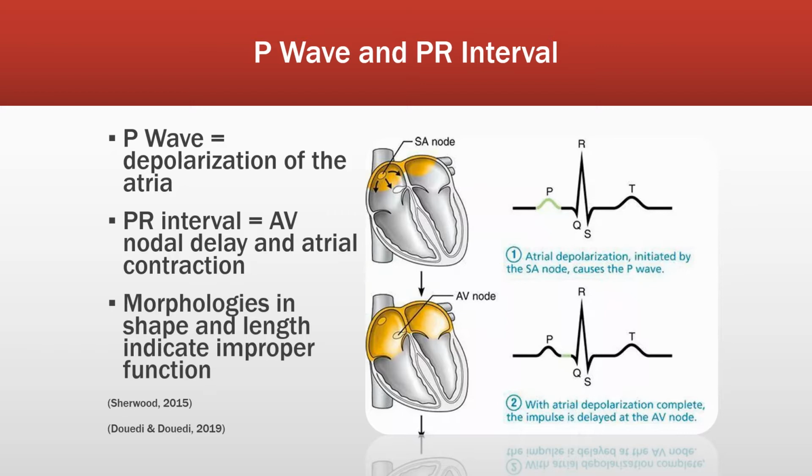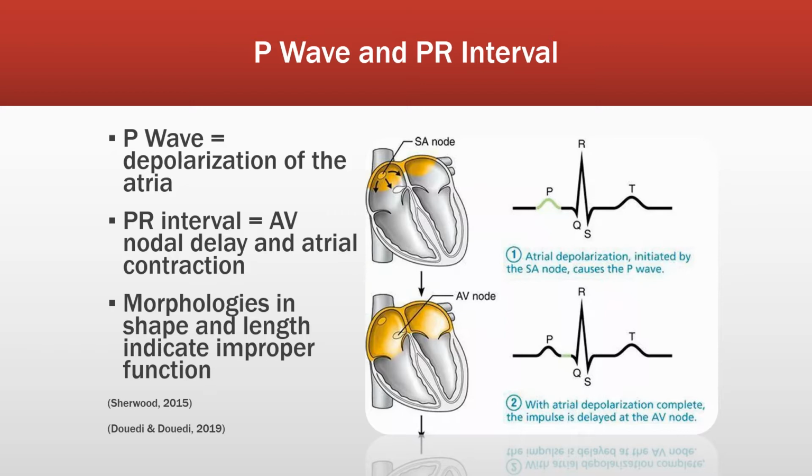The right atrium is stimulated first, making up the initial rise in the P wave, with the stimulation of the left atrium making up the second half of the wave. The summation of both is what gives the P wave its uniform shape. Abnormalities in the atria would result in morphologies of this normal P wave, which will be discussed later.